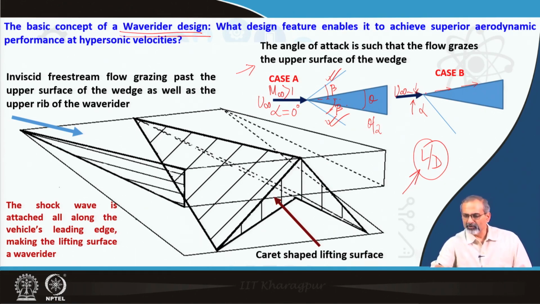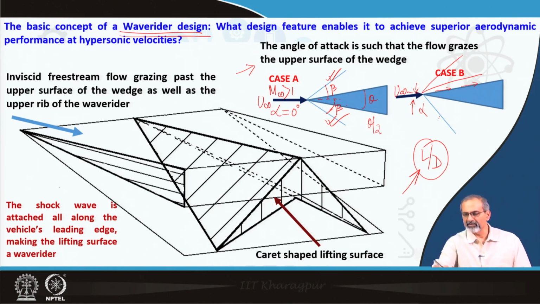Remember that if you consider a boundary layer forming on that, that means you start considering a viscous flow, then nevertheless there will be a leading edge shock formed even if the flow orients itself with the body surface. But here, because we are talking about an inviscid flow, in this condition where the angle of attack is exactly theta by 2, we are likely to see a grazing of the flow over the surface.